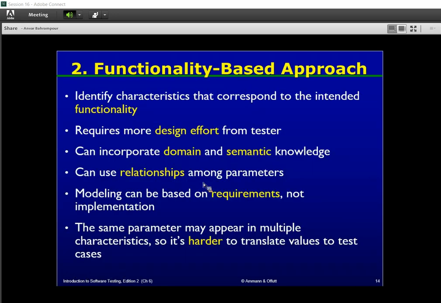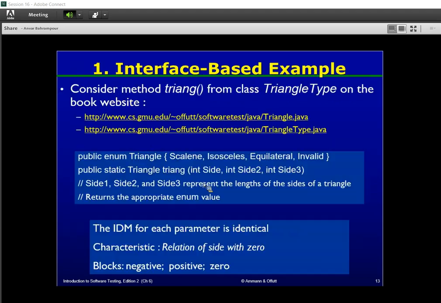But when we use the functionality-based approach, we should consider the relationship, the semantic, the meaning of each parameter, and the functionality of the method. As you know, the functionality of this method is to detect the type of the triangle.